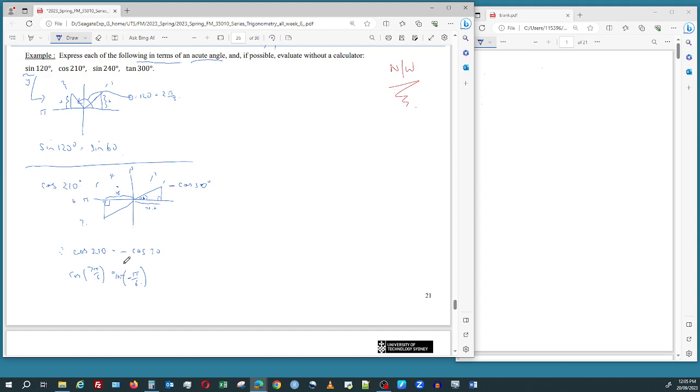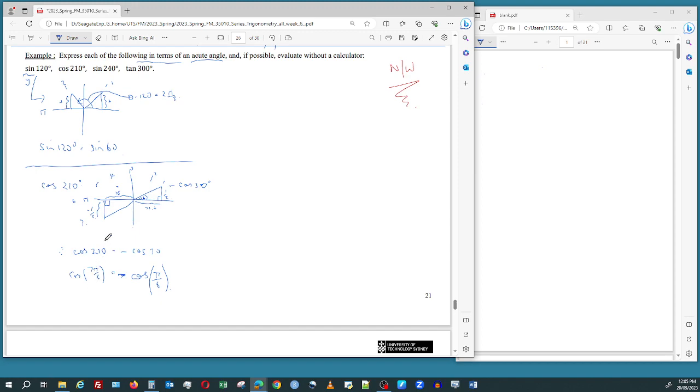Now the minus is not in the angle, so I better just correct that. So minus cos pi on 6. So if we take those, we know that's root 3 on 2, minus root 3 on 2. And this one's plus a half, so putting the minus in the front means that we'll have the same thing.